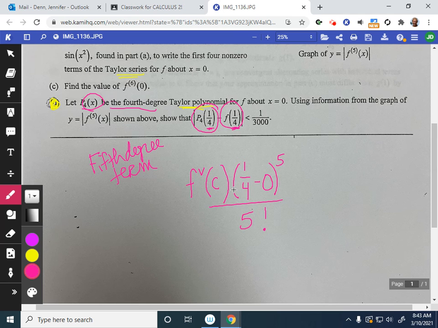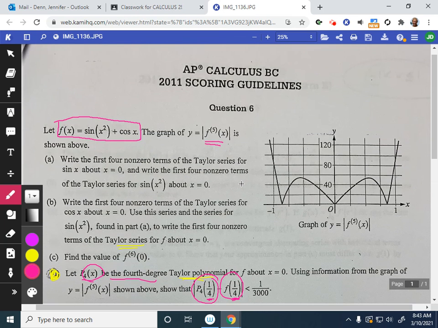that the 5th derivative at 1/4, let's go up. So this is the graph of the 5th derivative of f. If I go to 1/4, that's here. See, this is what I find weird. I'm looking at the answers.